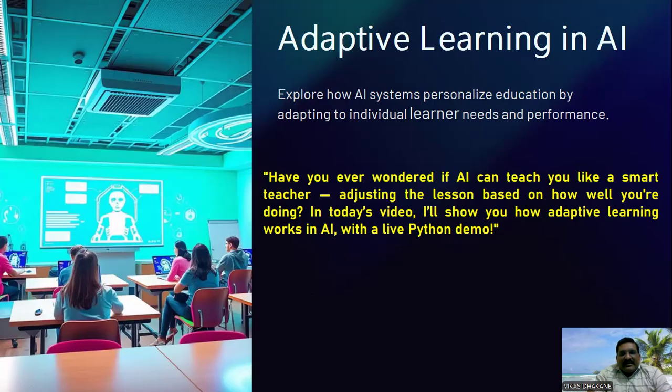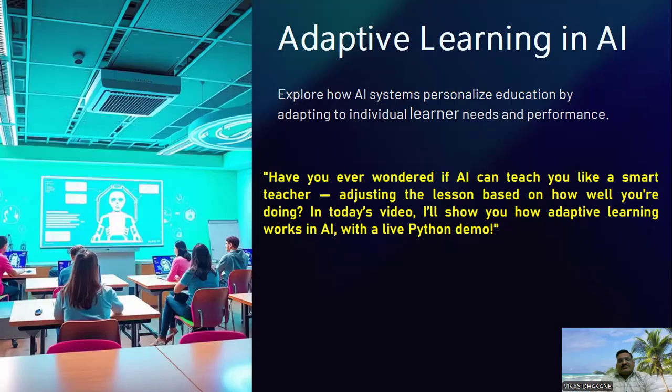And at the end of this session, I will show you a demonstration of a Python program using which you can easily understand what exactly adaptive learning in artificial intelligence is. So be with me till the end of this video, so that you can easily understand the concept.